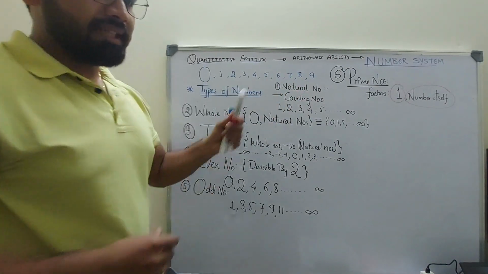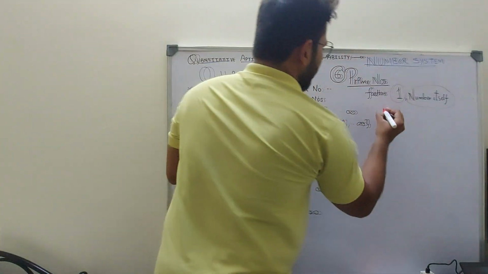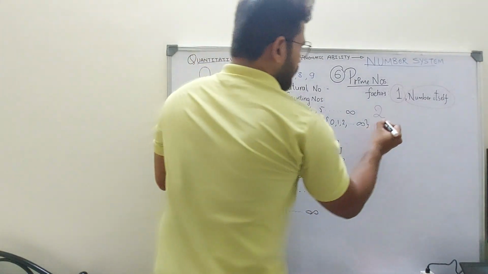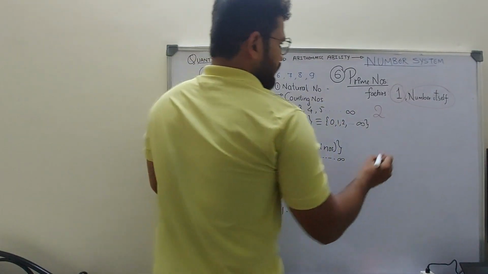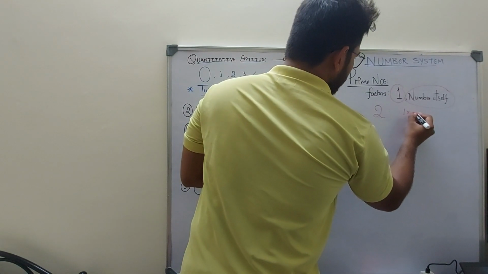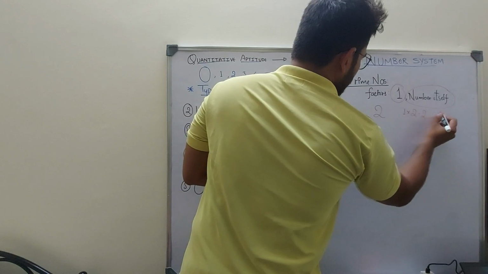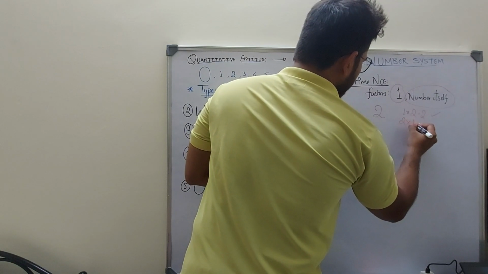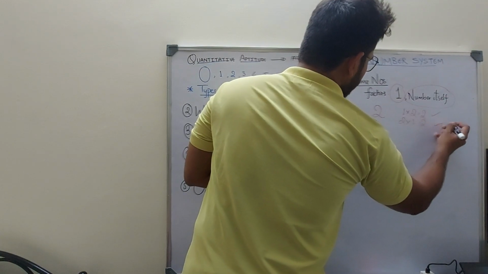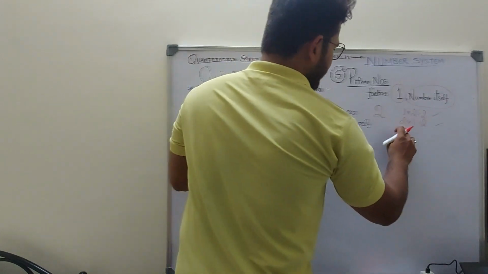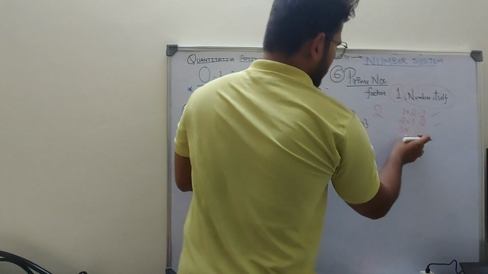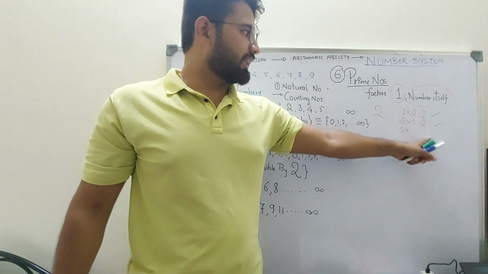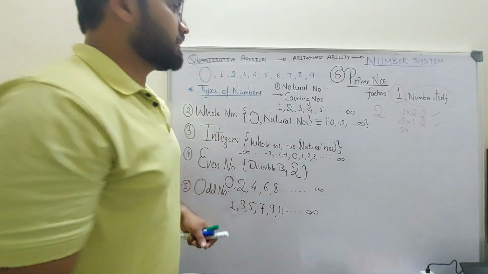For example, suppose I am considering the number 2. What are the factors of 2? It will come in the 1 table, so 1 is a factor. It will come in the 2 table, so 2 is a factor. In the 3 table, can you multiply 3 by any whole number to get 2? No, it's not possible.